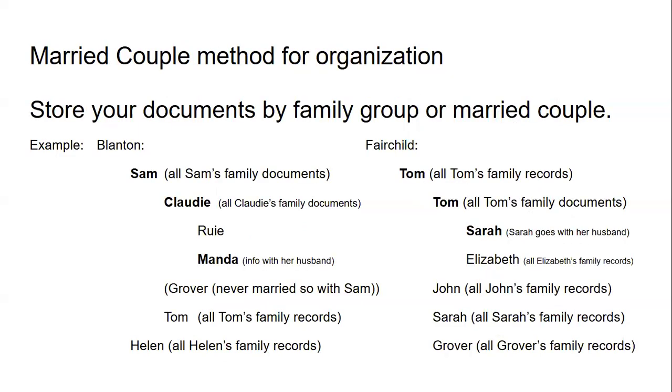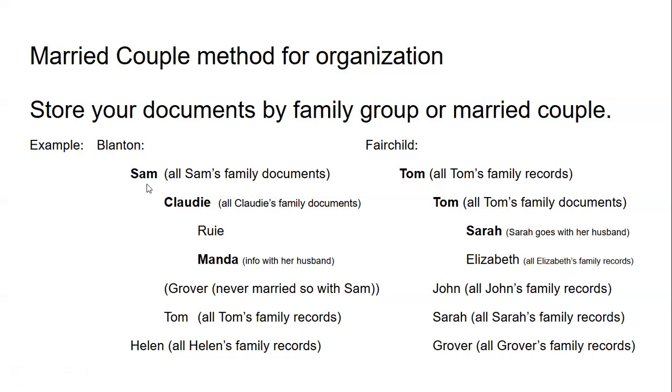Next up, this is the method I use most, married couple or family group sheets. So I have a binder set up for each family. We're going to deal with the Blantons here first. I have a binder or a box specifically for them. Underneath that, I use a binder method.